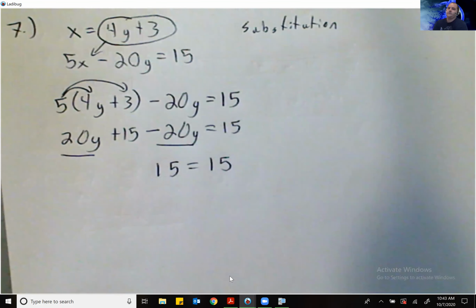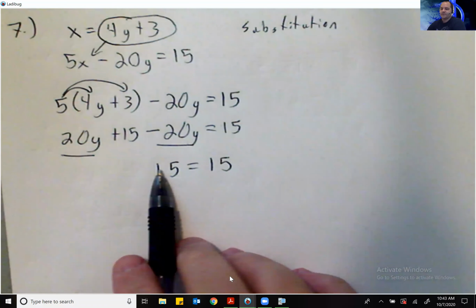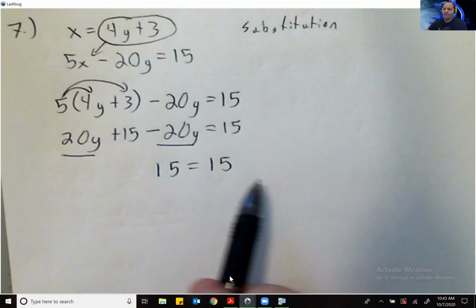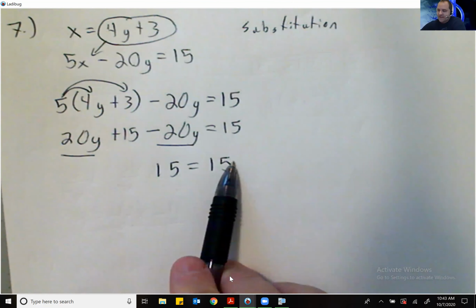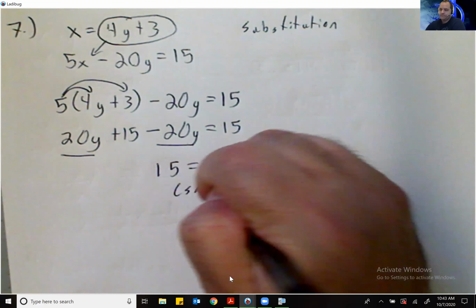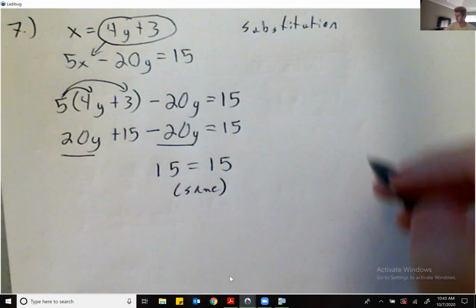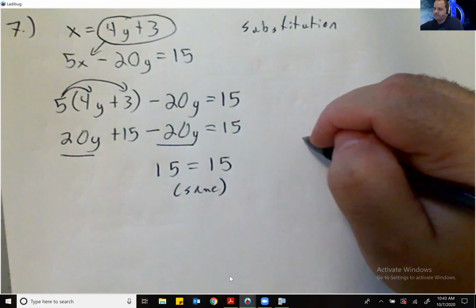What does that mean? Well, they do intersect. Is it one time or infinity? This is infinity. Whenever your variables cancel out and you have two numbers that are the same left, then that means this is the infinite solution.